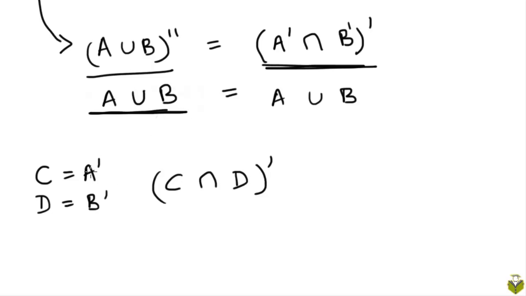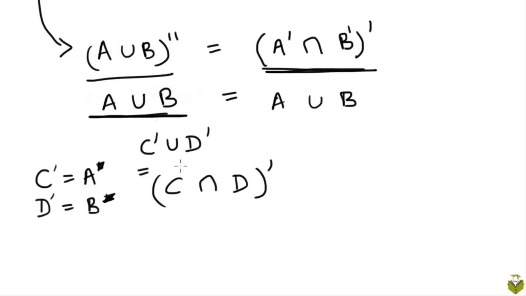If C is A complement, then A would be C complement, because if we take the complement of both sides, this double complement would cancel out. Likewise, if we take the complement of both sides here, this double complement would cancel out. So A can be expressed as C complement and B can be expressed as D complement. So the left hand side A union B can be expressed as C complement union D complement. Since the left hand side and the right hand side are the same, we can say that C intersection D complement is the same as C complement union D complement.